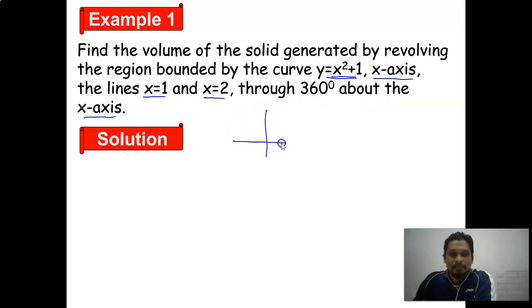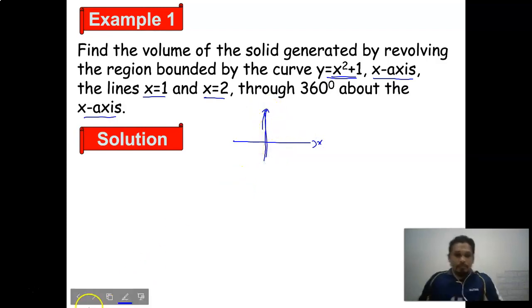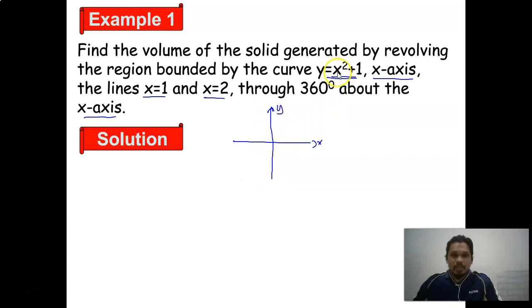Here we have the y-axis, and the curve y equal to x squared plus 1 looks something like this, with the lines x equal to 1 until x equal to 2. So this is the area.